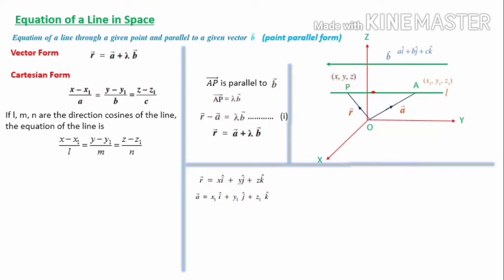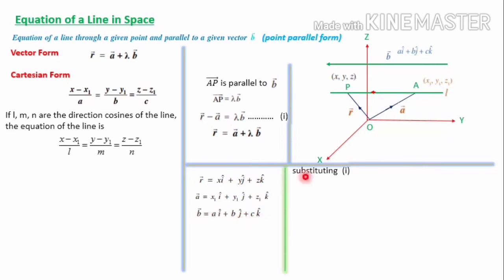Vector A, the position vector of A, is x1 i cap plus y1 j cap plus z1 k cap. Then vector B is a i cap plus b j cap plus c k cap.